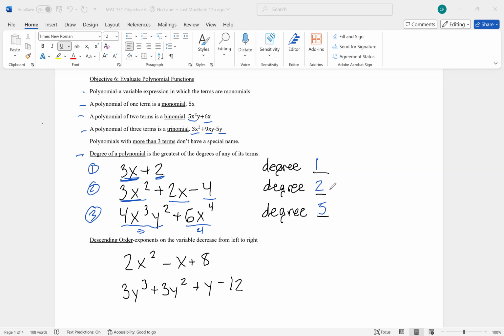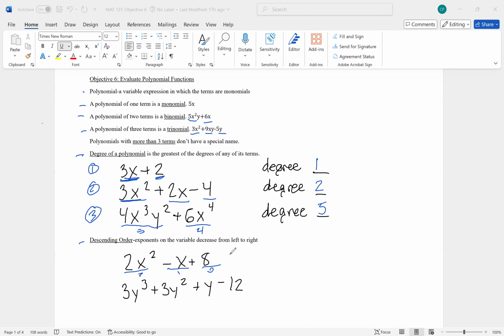Now this order that we have these in, this is called descending order, okay? The exponents on the variables decrease from left to right. And these are just some more examples, okay? The degrees here are 2, 1, and 0.